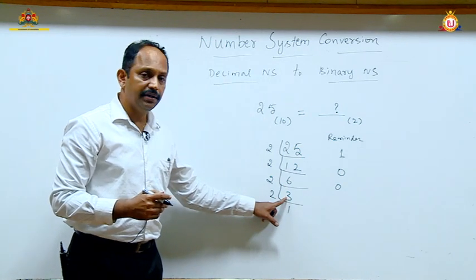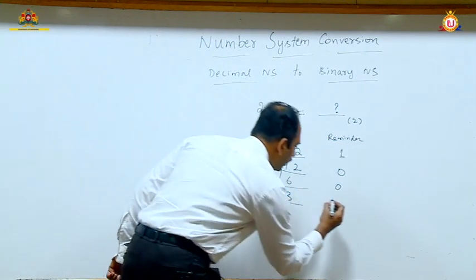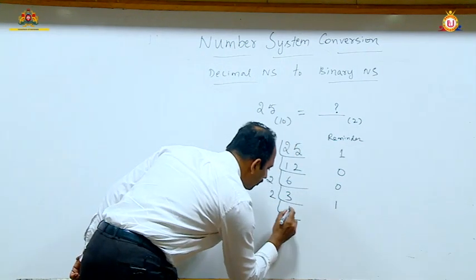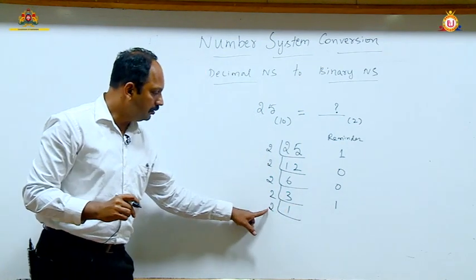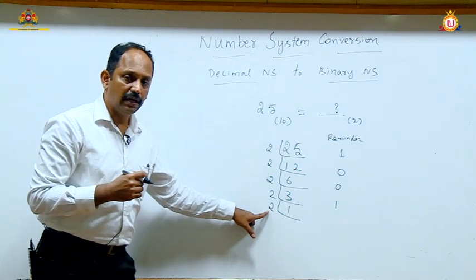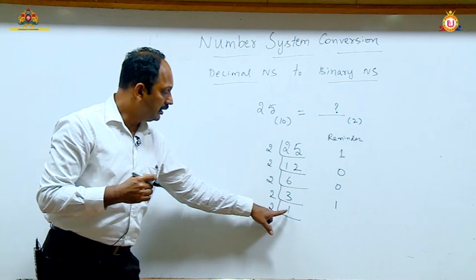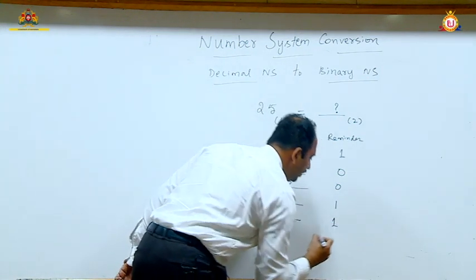So 3 can be divided 1 time, which gives the remainder 1. And 1, the quotient, is lesser than the value 2. At this level we have to stop. The 1 remains as the remainder in this case. So 1 is written as it is.